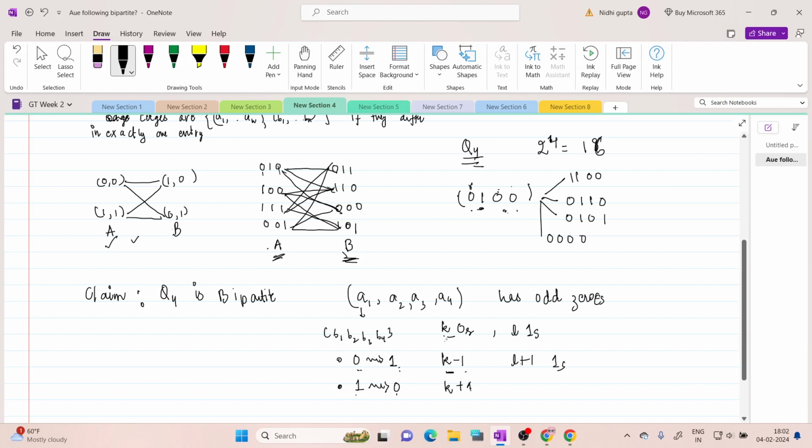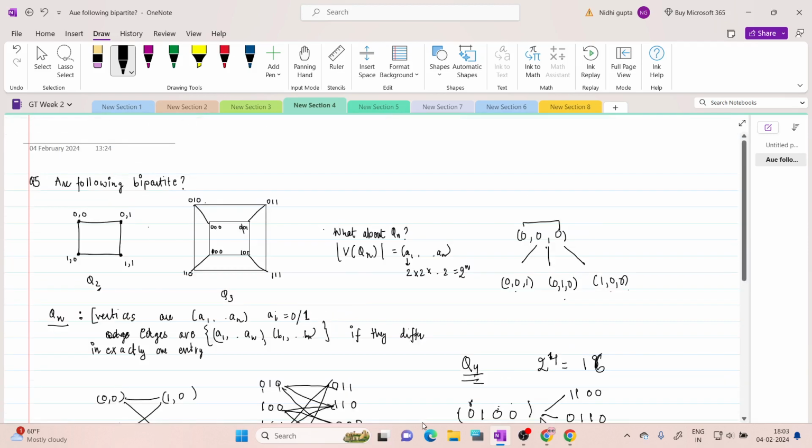Therefore, I will have k plus 1 zeros and l minus 1 ones. So if the initial vertex has k zeros, the vertex that it is adjacent to will have either k minus 1 zeros or k plus 1 zeros. Therefore, if it has odd zeros, then the vertex that it is adjacent to will have an even number of zeros.